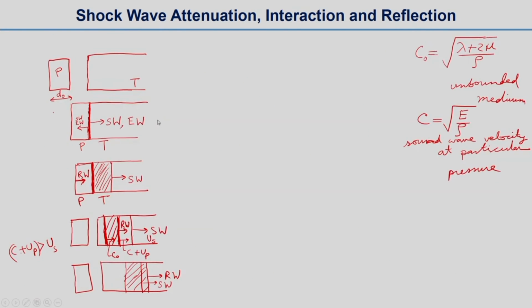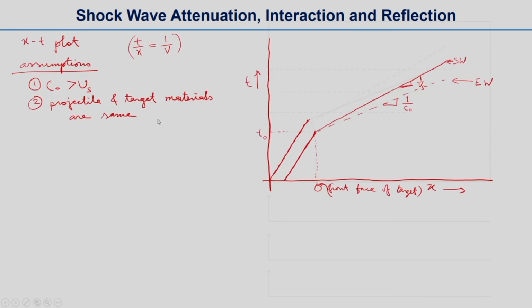So, there will be one line for start of that release wave that comes from the back surface of the projectile, and then similarly there will be one, this dotted line, end of release wave.